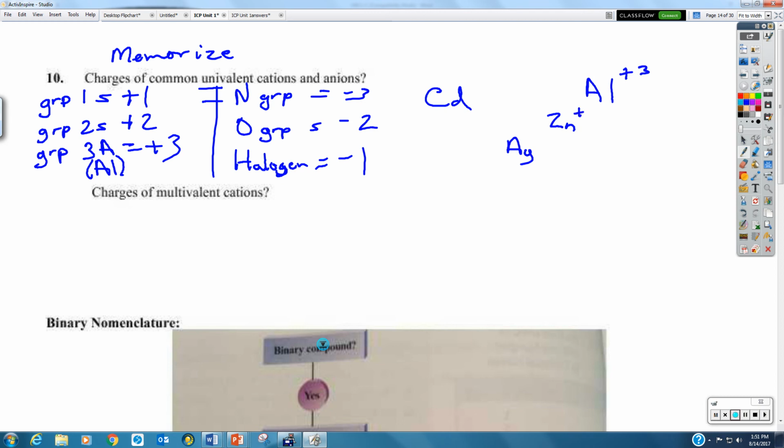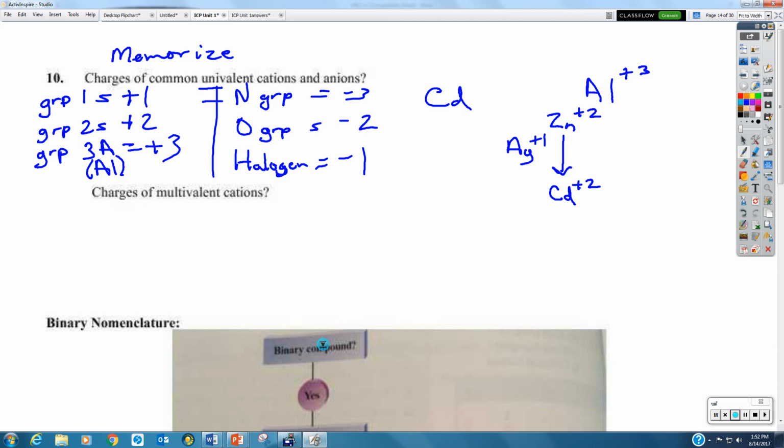Zinc is one step over, so it's a +2. And silver is +1. All right. Now notice that cadmium is on the same line as zinc. So what do you expect cadmium's charge to be? +2.